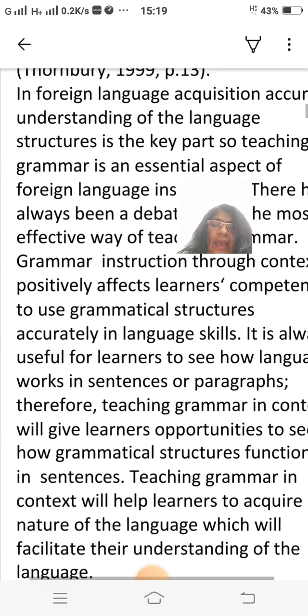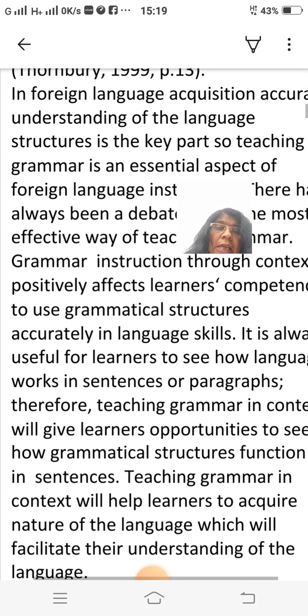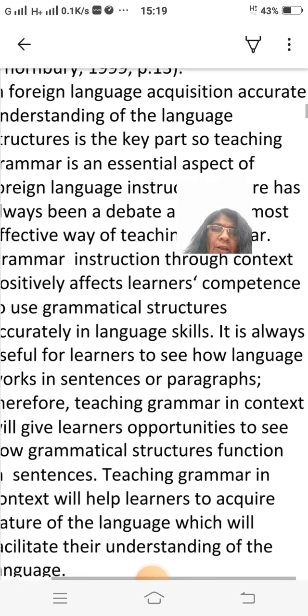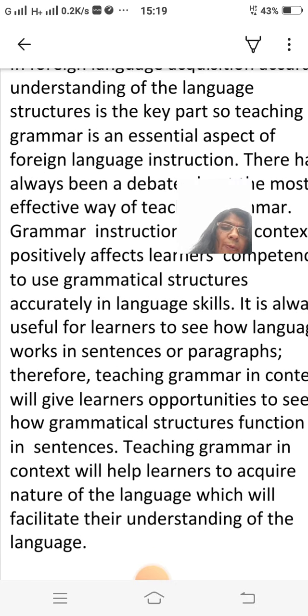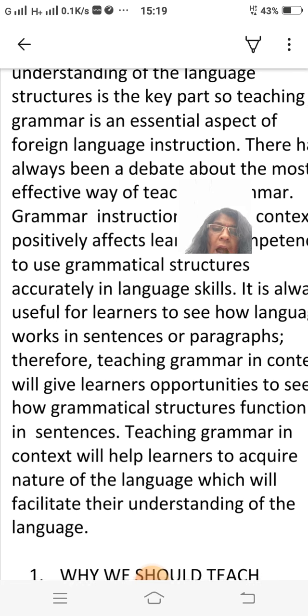It is always useful for learners to see how language works in sentences or paragraphs. Therefore, teaching grammar in context will give learners opportunities to see how grammatical structures function in sentences. It will help learners to acquire the nature of the language, which will facilitate their understanding of the language.